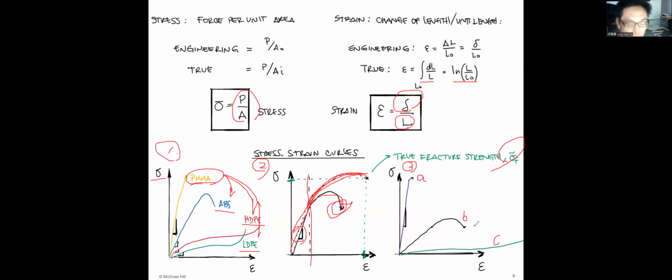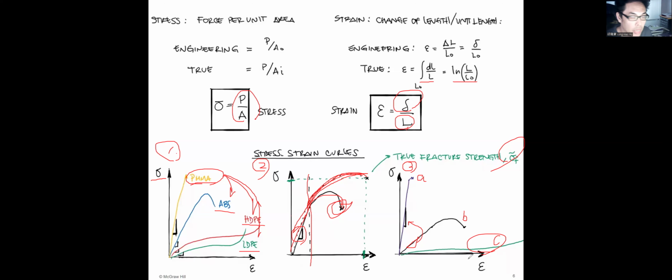And for material B, I will say it might be a metal or some plastics. I don't know, but from its curve, I think it could be some polymer, plastic, or metal. And this slope is much smaller than that of curve A. And what is the most possible material for curve C, the green one?